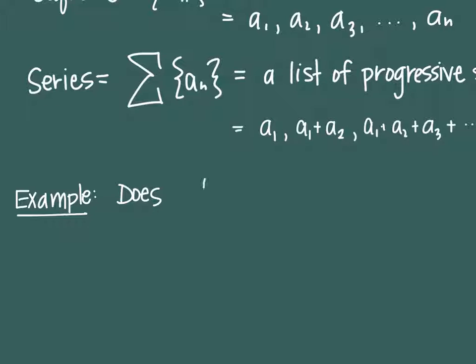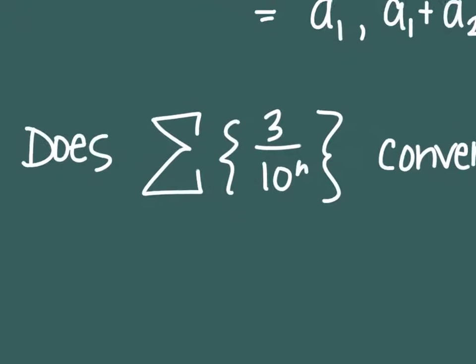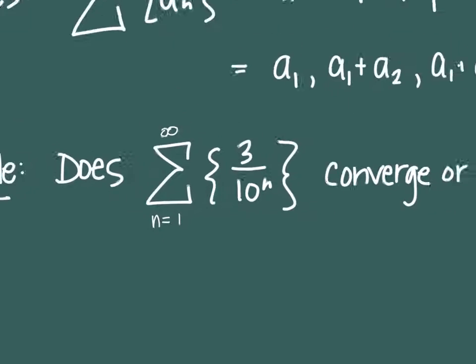All right, does the summation or the series applied to 3 over 10 to the n converge or diverge, with the summation symbol starting at n equals 1 and going all the way to infinity?